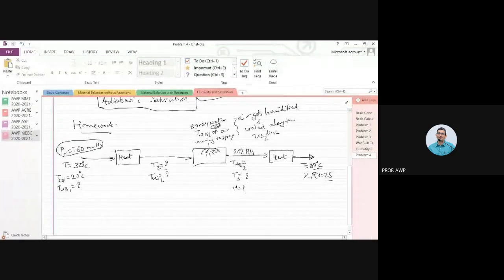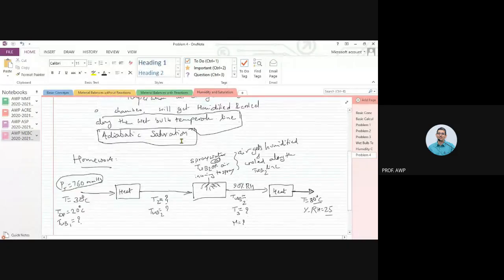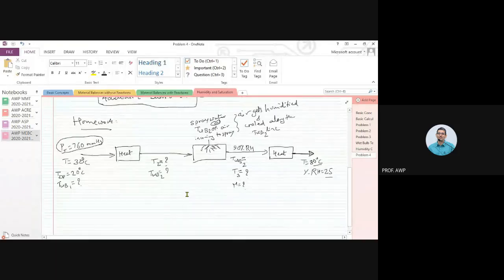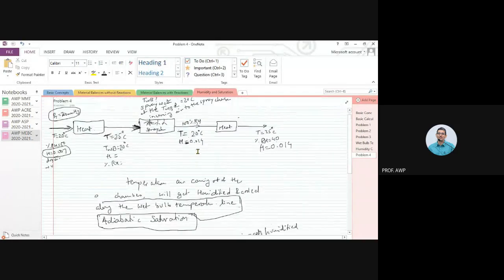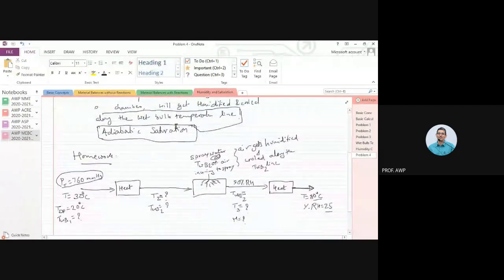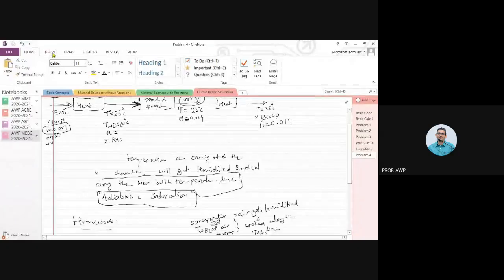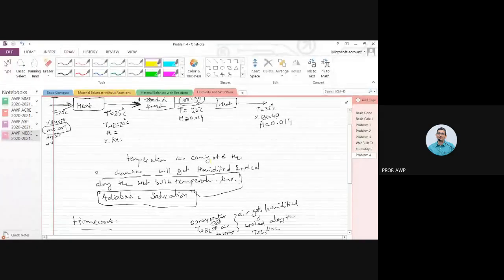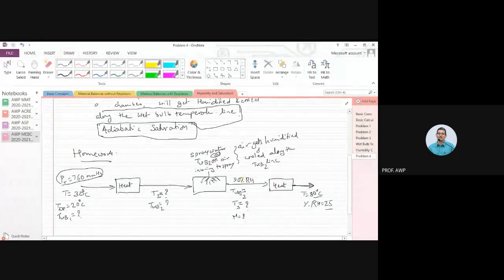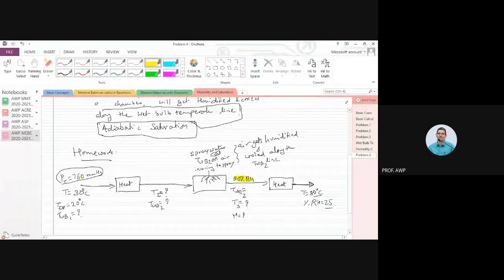Do this problem. Look at the problem that we did today. Same lines, you will have to do this problem along the same lines. Only thing is that we said this air was 100% RH. Now I am saying that it will be only 90% RH. Otherwise the problem is exactly similar, just different sets of values.